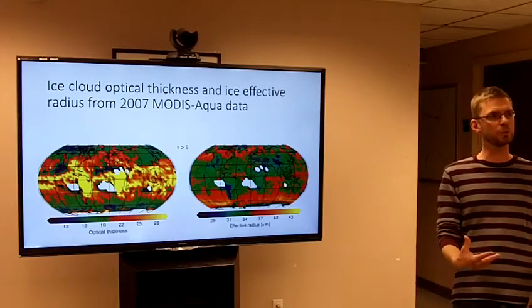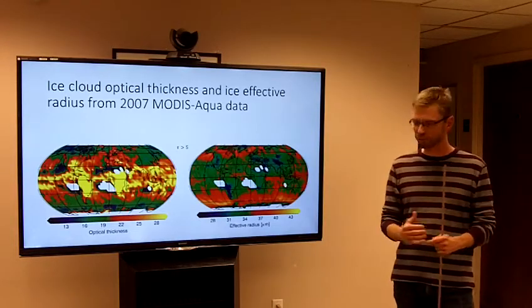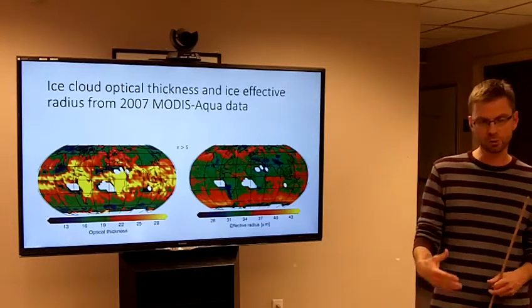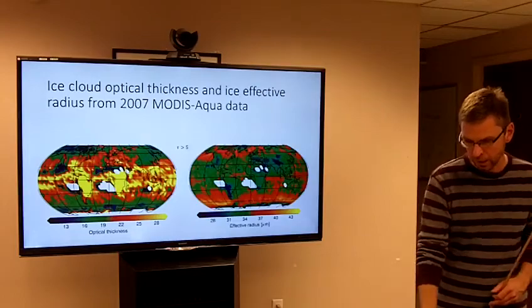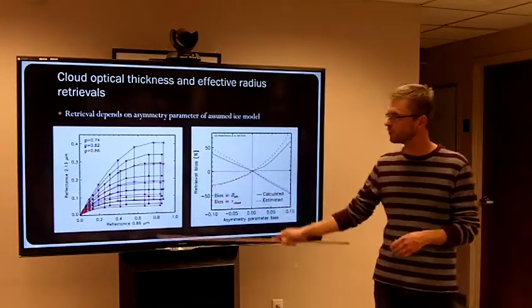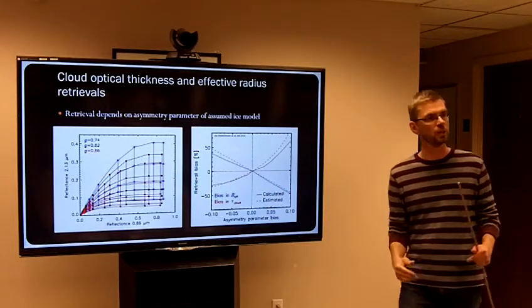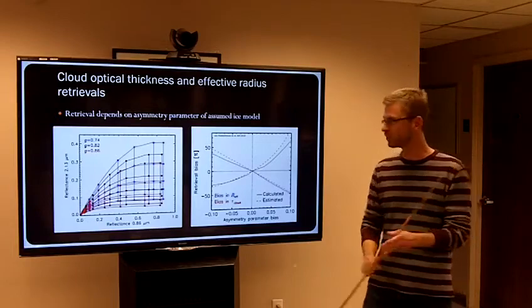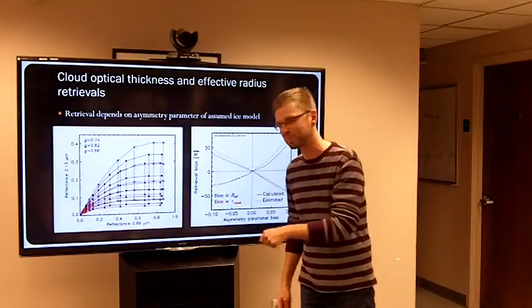However, for this retrieval, as I explained, the reflectances also depend on the asymmetry parameter. So we have to basically assume an asymmetry parameter to do those retrievals. And if we choose different asymmetry parameters, this picture becomes different, because the reflectance doesn't only depend on the optical thickness, but also on the asymmetry parameter.